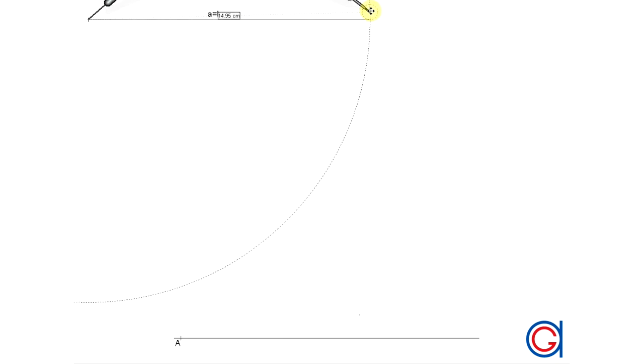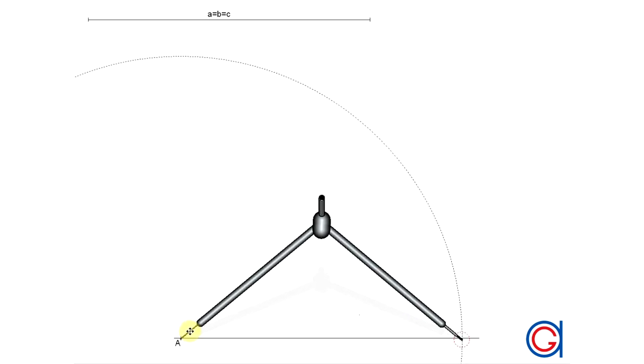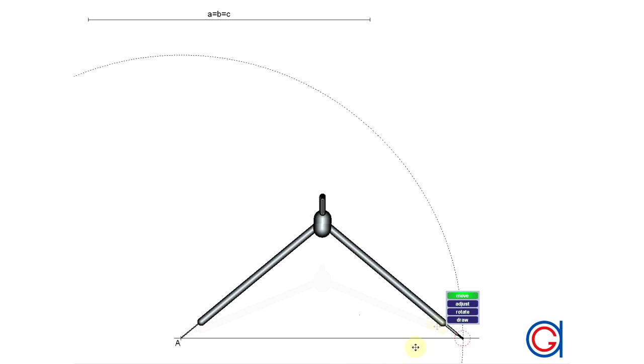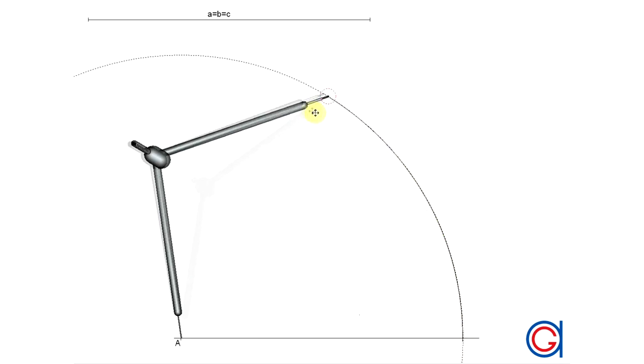So now we set our compass to the length of the given line, and we will transport this line segment onto our previously drawn horizontal line. Setting our compass on vertex A, we will scribe an arc to the left, cutting a horizontal line on point B, which will be the second vertex of our equilateral triangle.